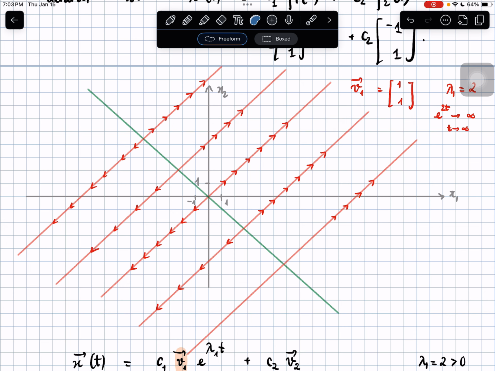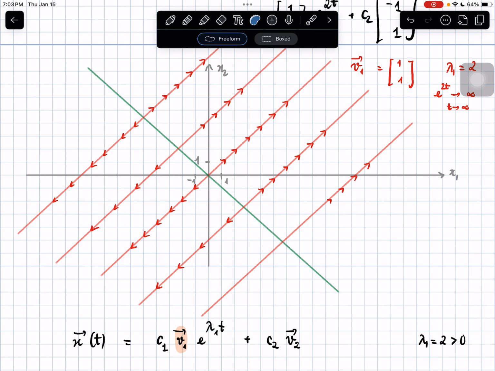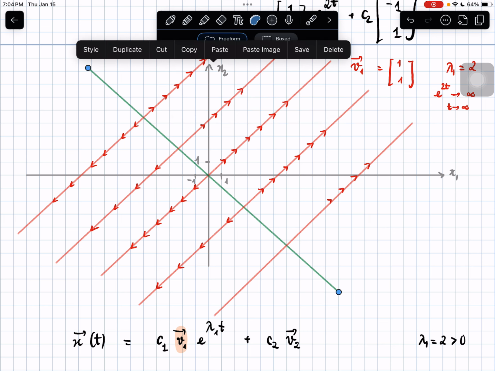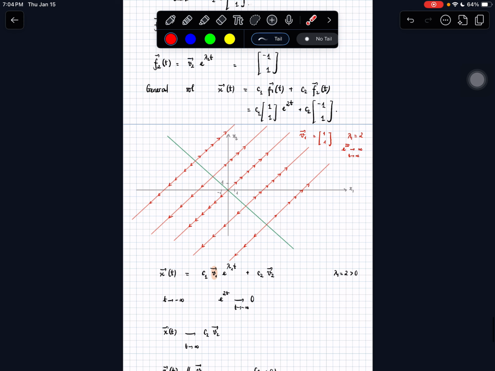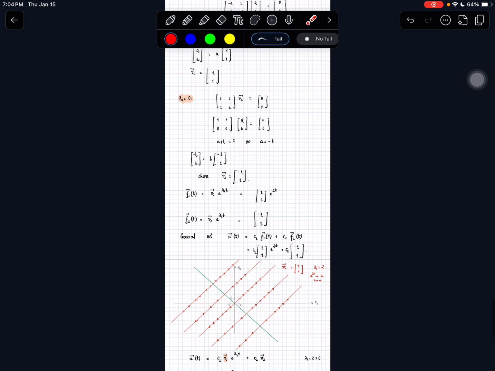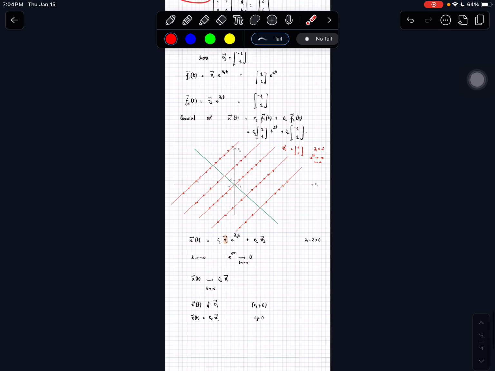So that's what we see in general. Yeah, so this is the picture when we have one positive eigenvalue lambda 1 and the other one is eigenvalue 0.